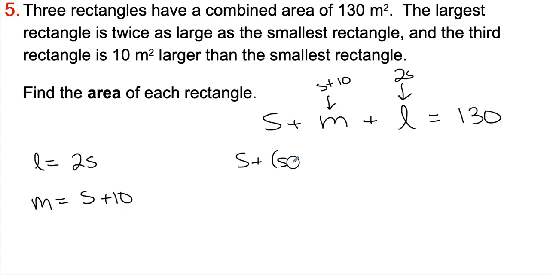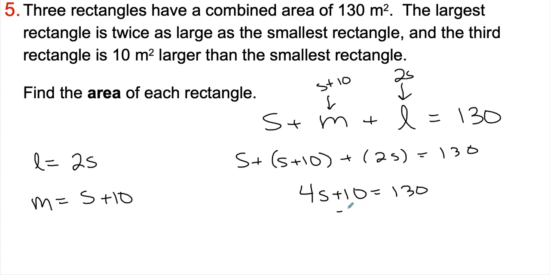We'll just leave them there for now. S plus 10 plus 2S equals 130. So those parentheses just show you that I'm plugging stuff in. So we can just combine like terms from here. So S plus S, that's 2S, plus another 2S, that's 4S, plus 10 is equal to 130. And then, again, algebra here, solve that out.